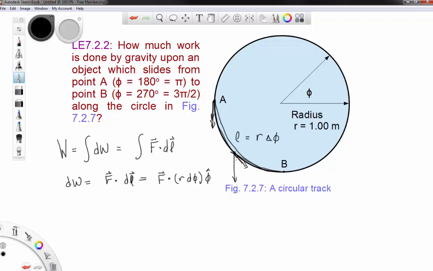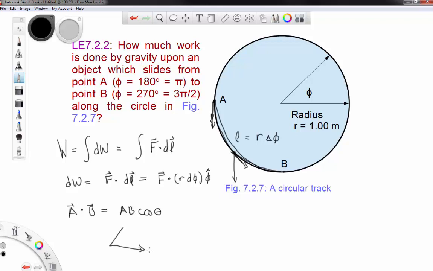In fact, dl just always points in this tangent to the circle way, which I'm going to define as the phi hat direction. So recall that if you have two vectors, A and B, and you dot the two together, your resultant is A times B times the cosine of whatever angle is between A and B.